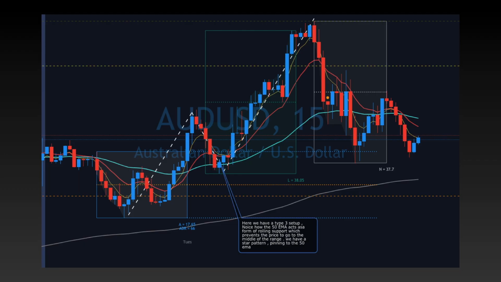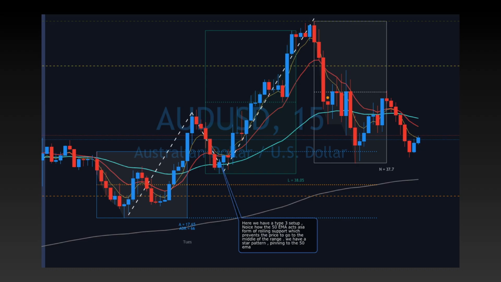Here we have a type 3 pattern, and in this example, you can see how the 50 EMA acts as a form of moving support and doesn't allow price action to get exactly to the middle of the range. Okay?